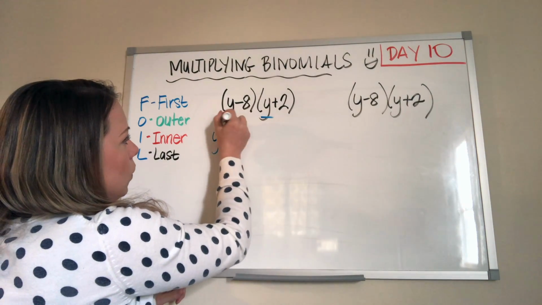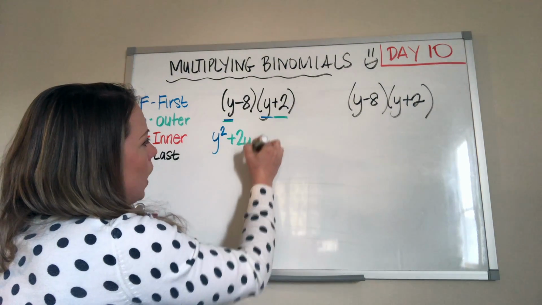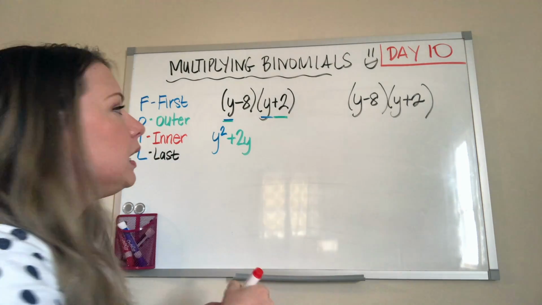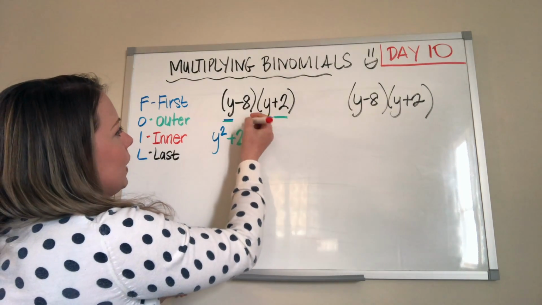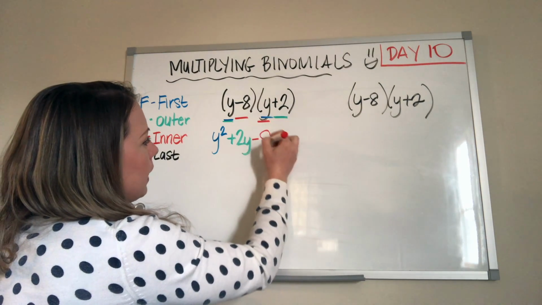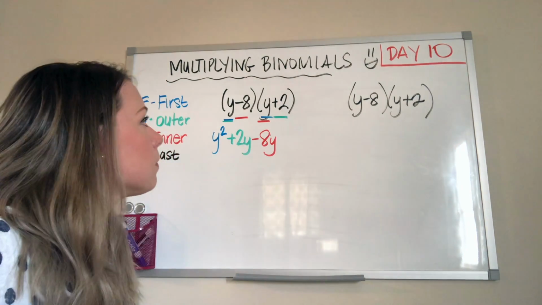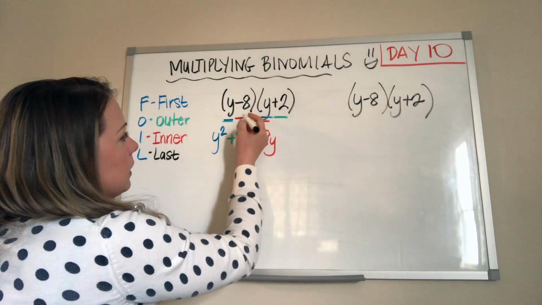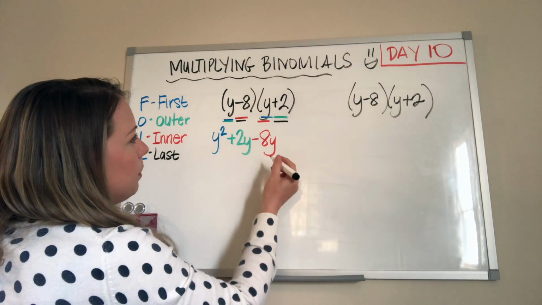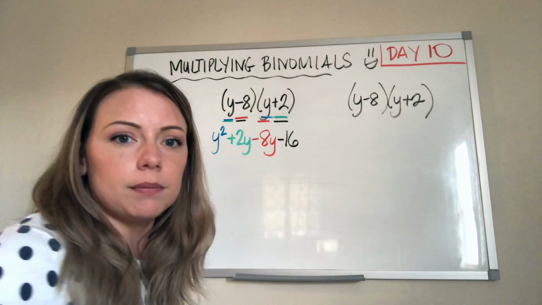So I have y times plus 2, which is positive 2y. Not bad so far. Then I'm going to take my two inner terms, which are negative 8 and positive y, multiply those together, and I get negative 8y. And then finally, I'm going to take my two last terms, which are the negative 8 and the positive 2, and I would get negative 16.